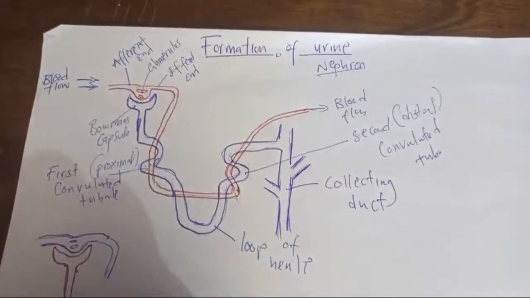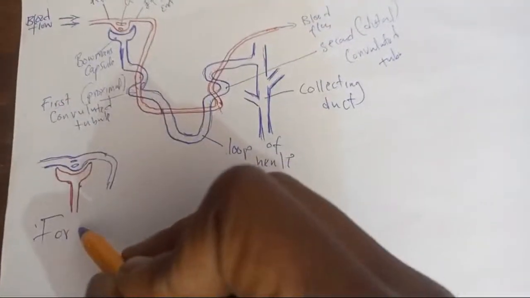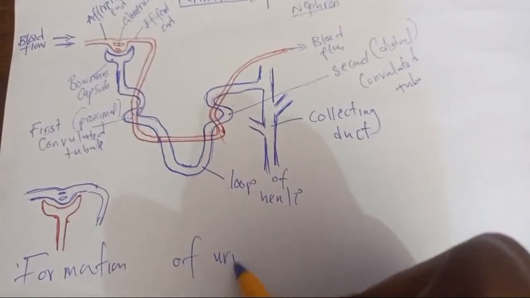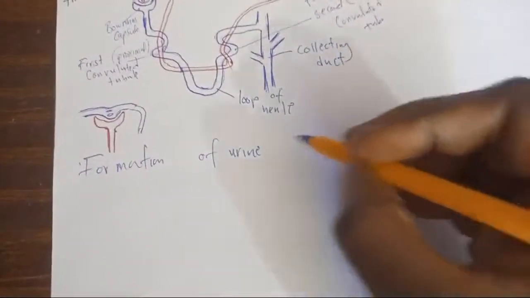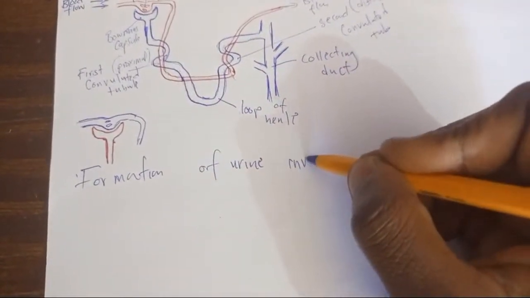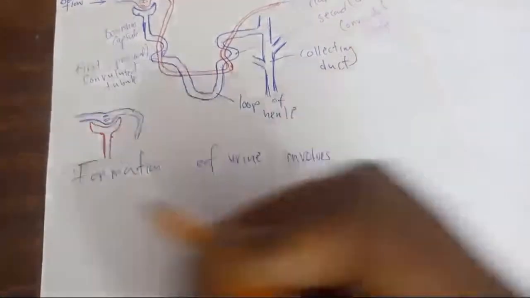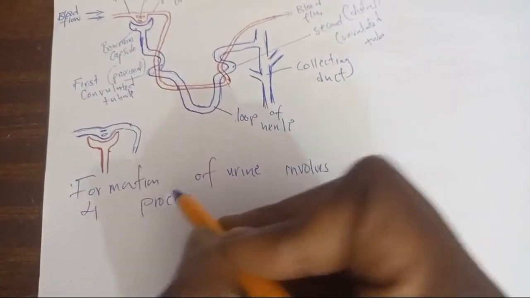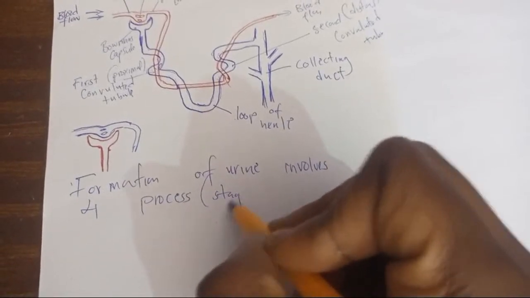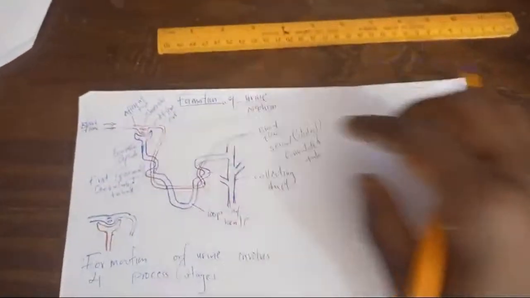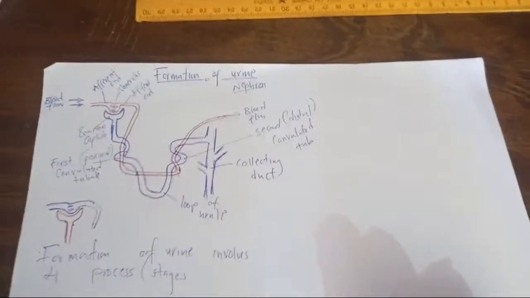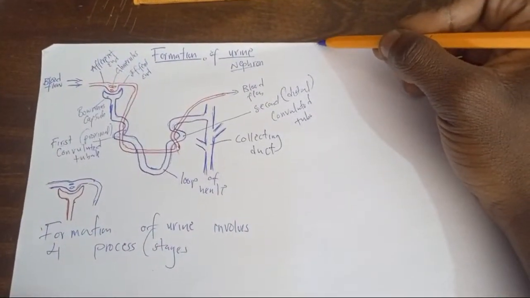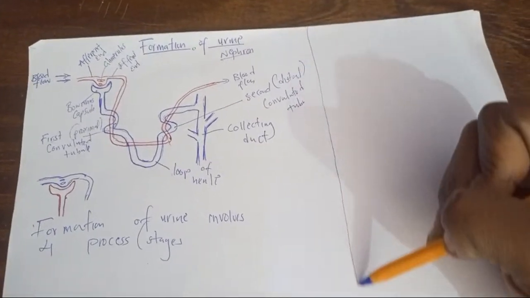The formation of urine involves 4 processes or stages. The formation of urine from the nephron will involve 4 stages or processes, which I'm going to write here.